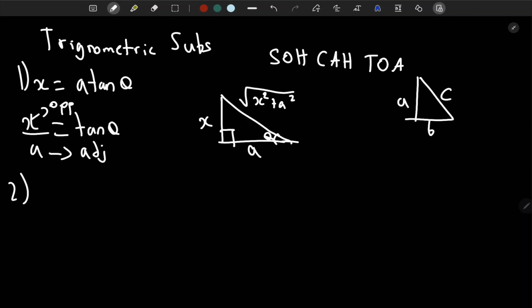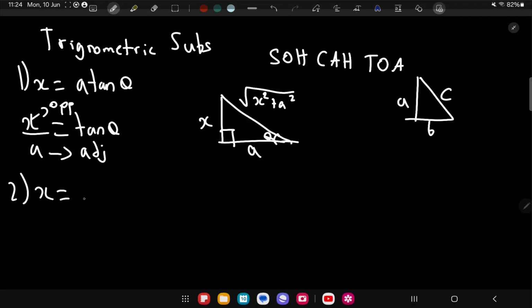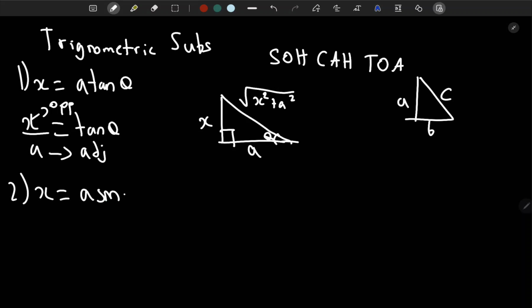So now the second case is that x is equal to a sine of delta. So here x over a is going to be equal to sine delta, and now we know that sine is opposite over hypotenuse, so x here is going to be the hypotenuse, and a here is going to be the opposite.